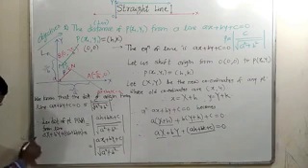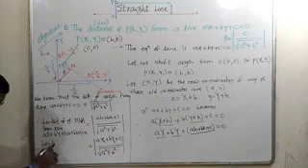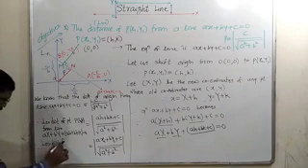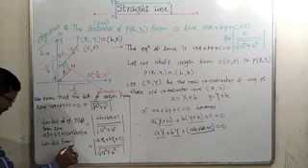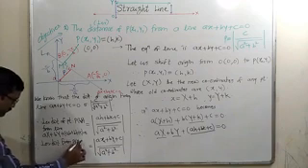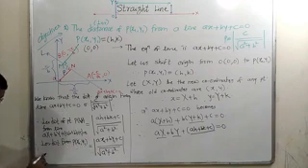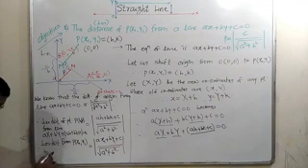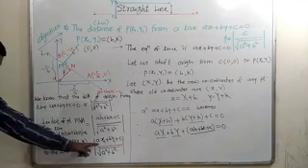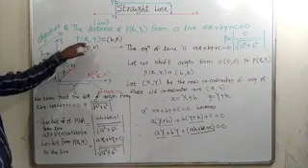So this is the same. Therefore, the perpendicular distance from P(x1, y1) to the line, because this (x1, y1) is in the old system.